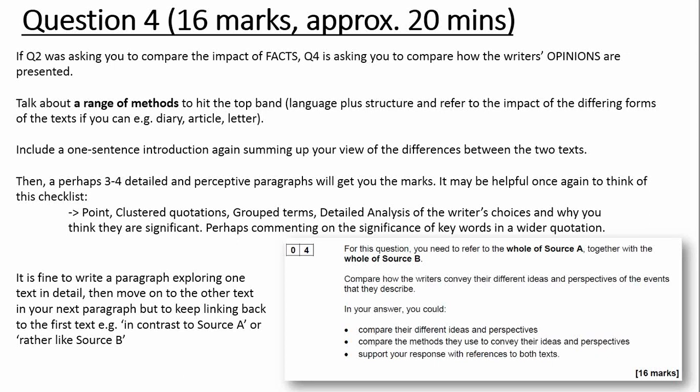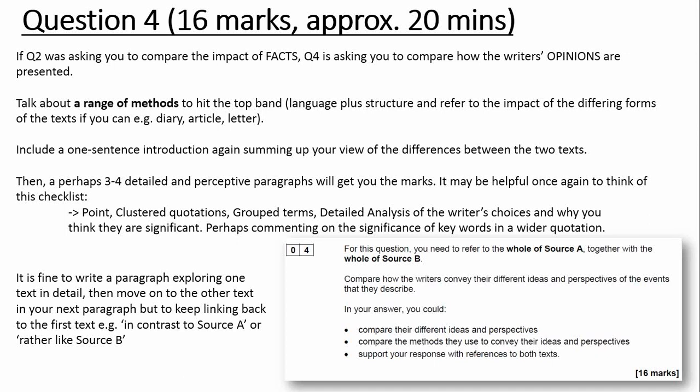You can think back to some of the ideas we've talked about for the English language question 3, for paper 1, that is to say, the structure question, for some inspiration for that. But thinking about the way that the writer has chosen to organise the text. And then finally, I think personally, if you can find something interesting to say about the impact of the differing forms of the text that you're looking at, I think that will be quite interesting.